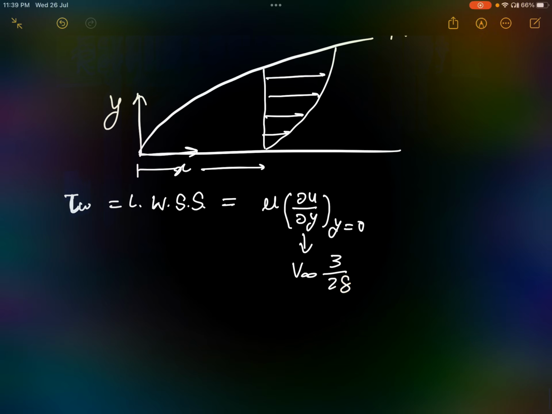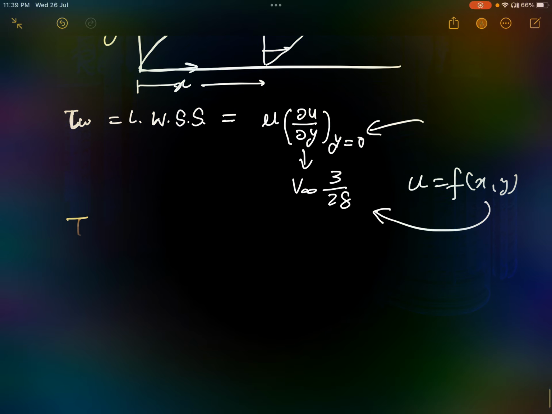In the video in which I derived the velocity profile, first I derived the momentum equation for the hydrodynamic boundary layer, and by that equation we derive the velocity profile, and from that function of velocity we can find this velocity gradient with respect to y. So we can say that tau wall will be equal to mu V infinity 3 by 2 delta.